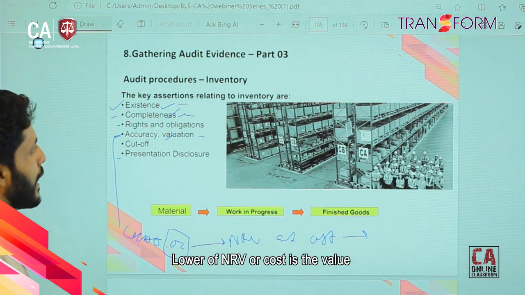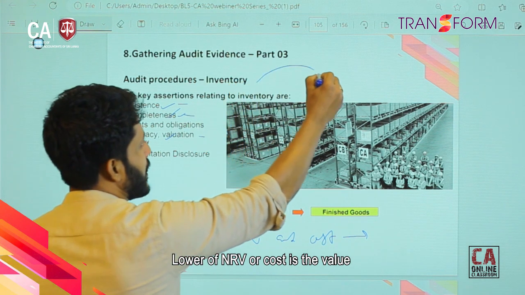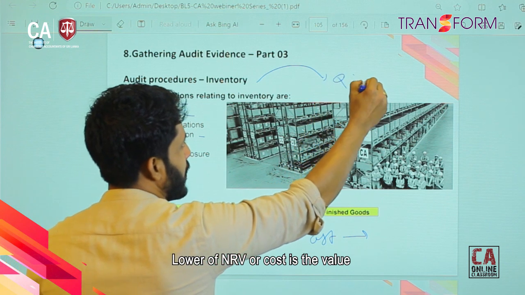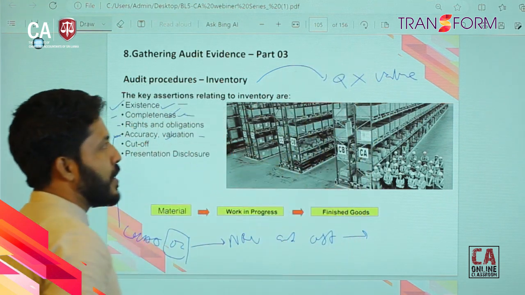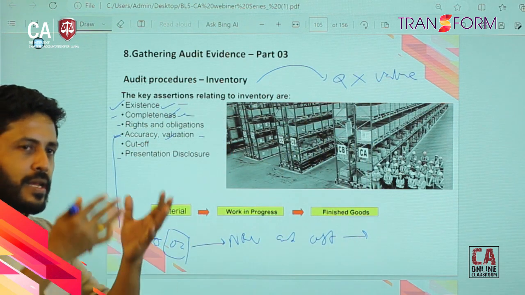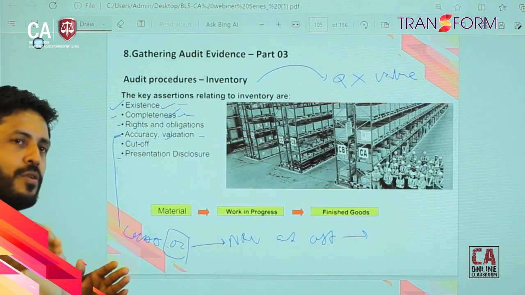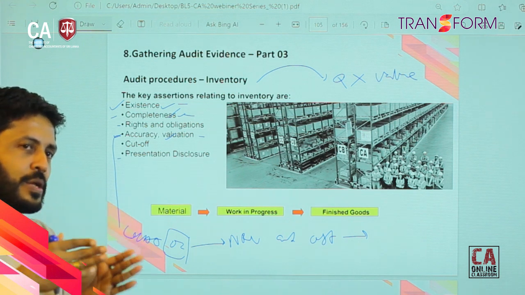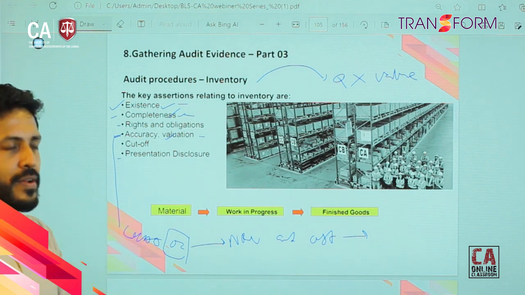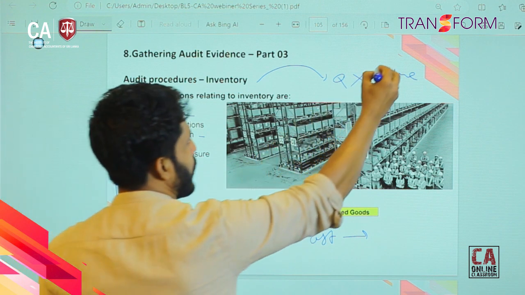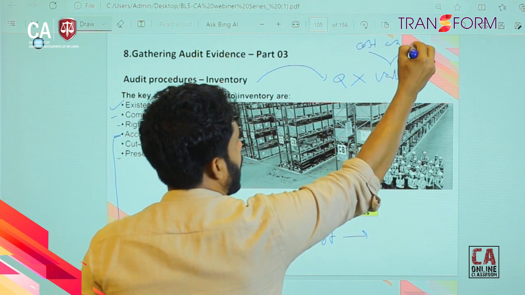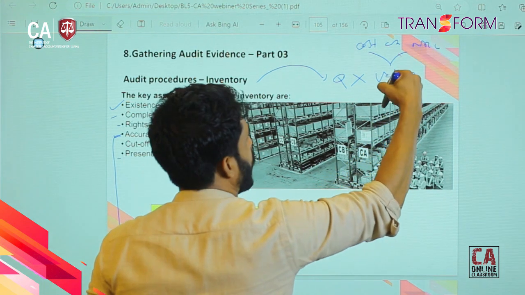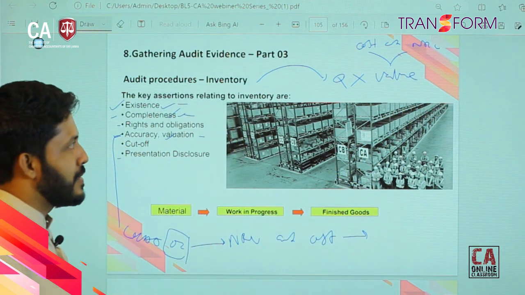Normally inventory balance එක හැදිලා තියෙන්නේ quantity into value. Quantity into value, that's obvious. Inventory items ටික තියෙනවා, ඒකේ value එක තියෙනවා. ඒ inventory item into that value is the inventory price. මේ value එක වෙන්න පුළුවන් cost and NRV whichever is lower, right?